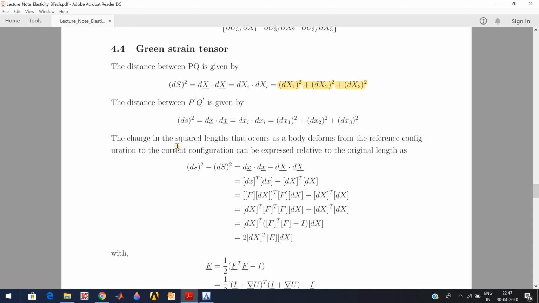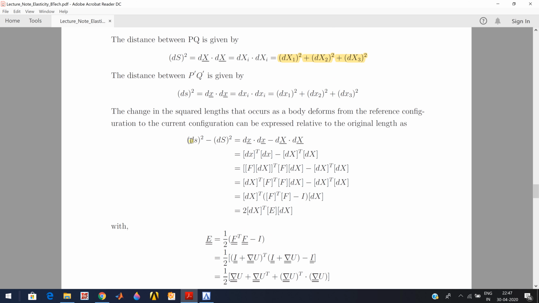So now the Green strain tensor will be defined in the following way. Here I calculate the change of squared length of these two line elements when it deforms from the reference configuration to the current configuration, and this change of squared length will be denoted as this.